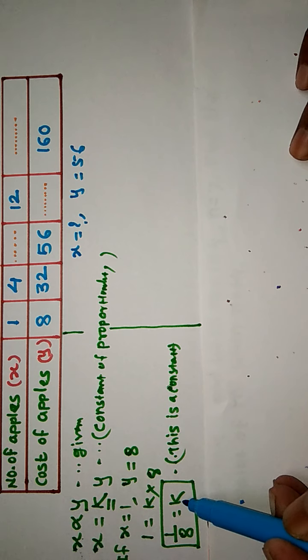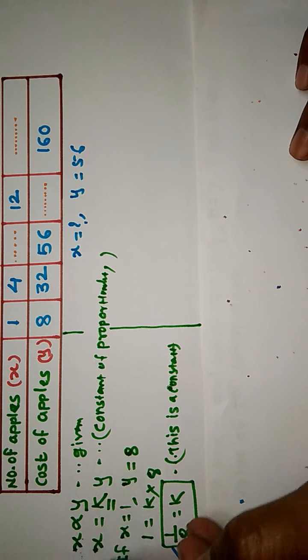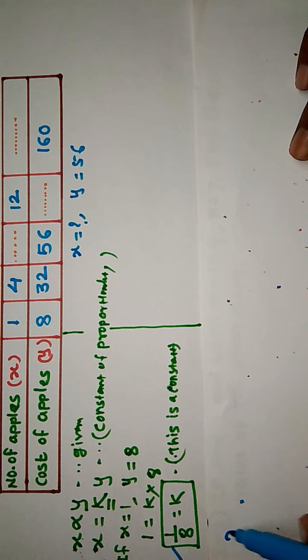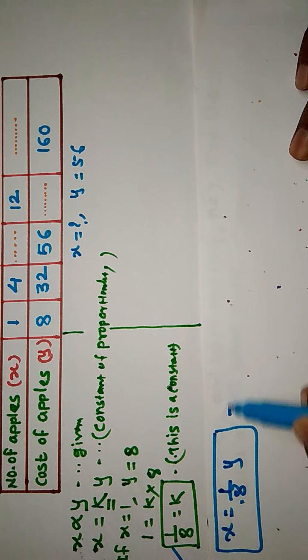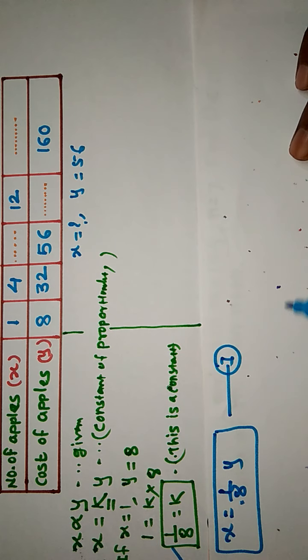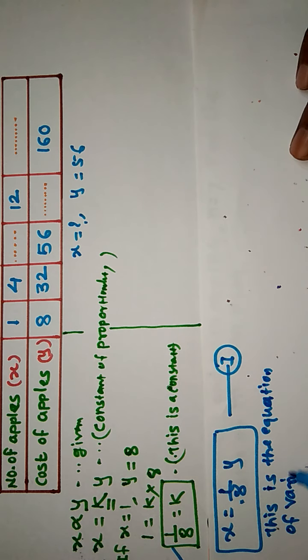Now substitute this value of k in the equation. K is replaced by 1 by 8, so x is equal to 1 by 8 into y. This is named equation number 1. This is the equation of variation.